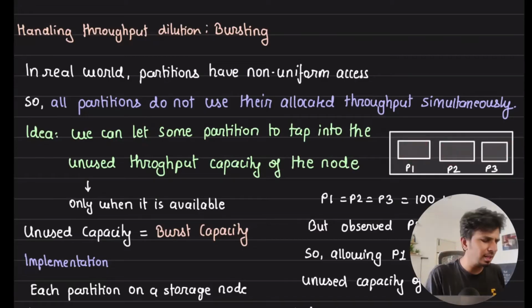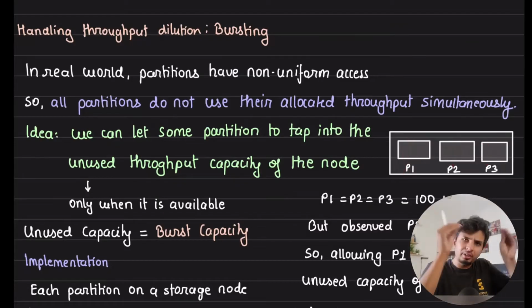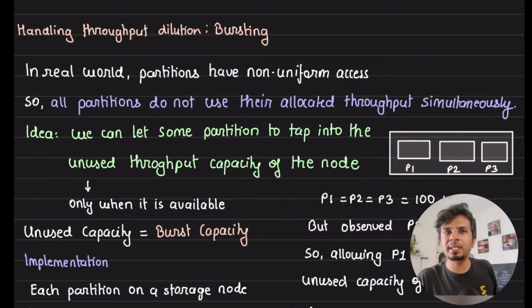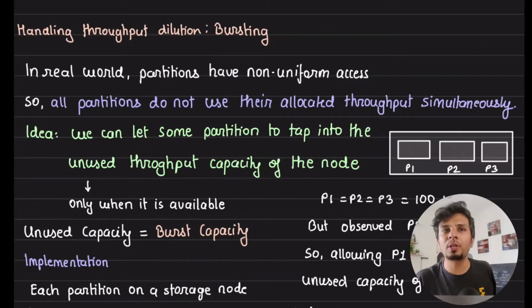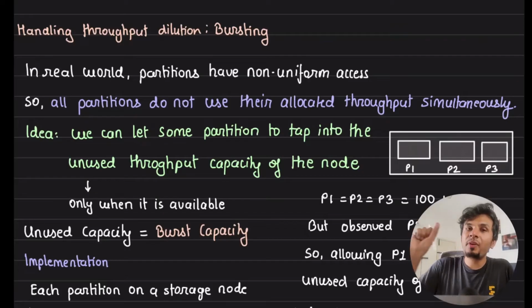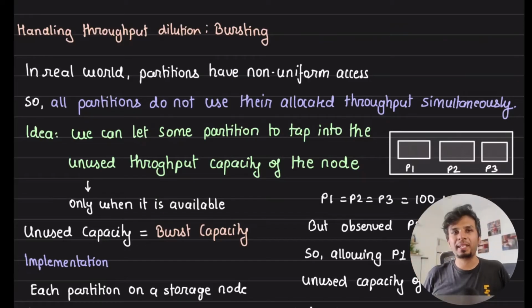What are the chances that all of them are getting 50 requests per second? Not really, because there is no uniform querying of data, or uniform query load on all of your partitions on a storage node, which means we have some breathing space.